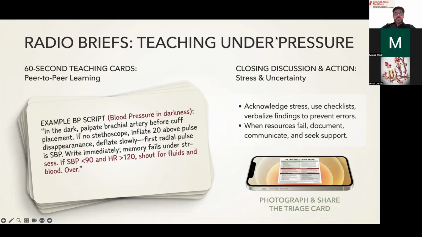Deflate slowly. The first radial pulse is the systolic blood pressure. Write it immediately because our memory fails under stress. If the systolic is below 90 and the heart rate is more than 120, shout for fluids and or blood if the patient is bleeding.